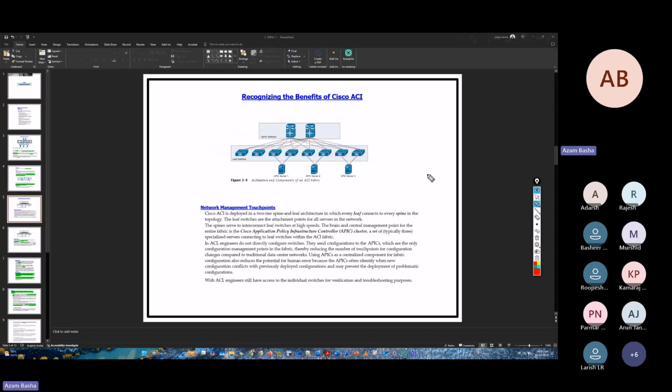Now you will ask me a counter question. Okay Azam, you said spines are connected to the leaves and leaves are connected to the spines, but the controllers are not connected to all of them. Yes, they're not connected to all of them. There is no need. Why is there no need?